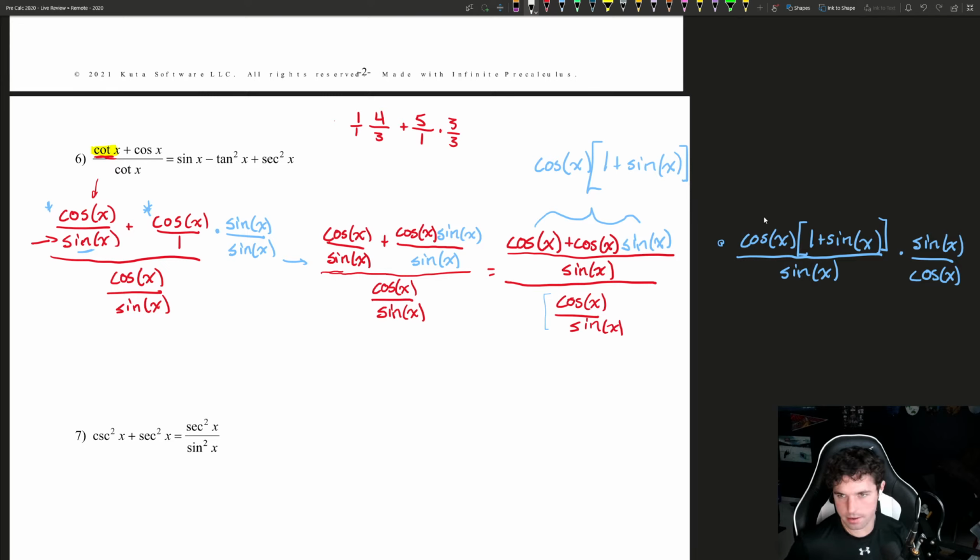And then we can cancel out this sine x and that sine x. And then we have cosine of x.